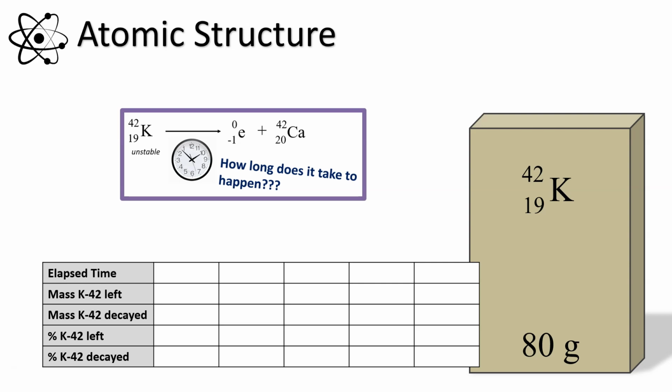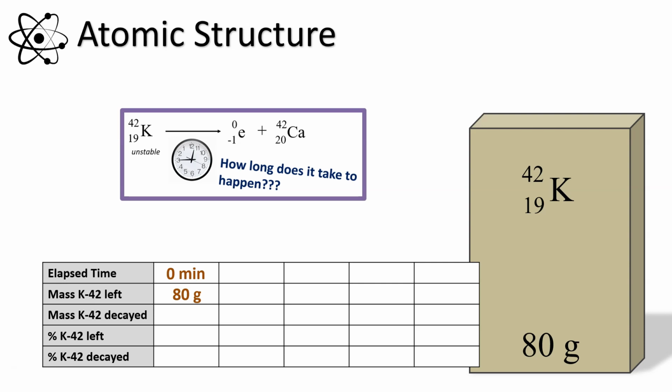So we're just going to watch this 80-gram block of potassium 42 and see what happens to it over time, and in doing so, discover what half-life is. The first row that we're going to fill out to help keep track of how this block changes is the elapsed time. And we're first going to define that at 0 minutes, so essentially the very beginning of my experiment, there's 80 grams of potassium 42.